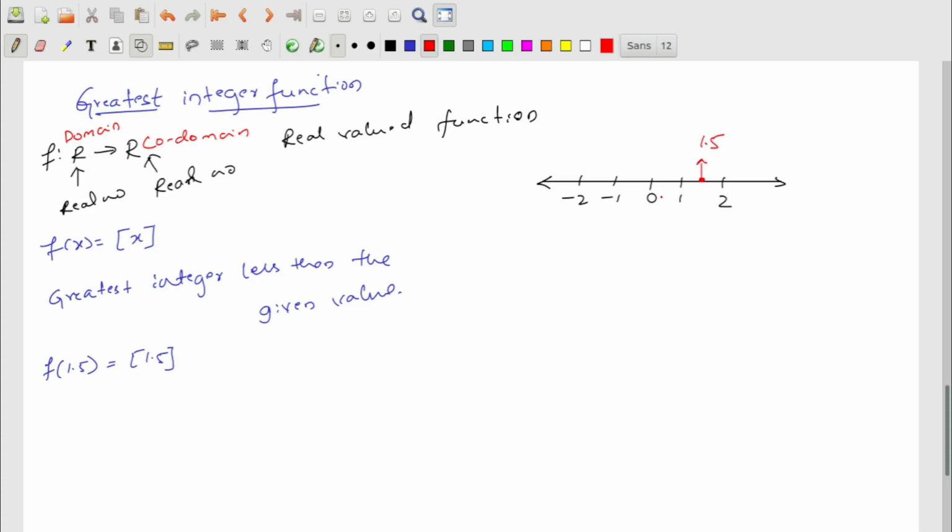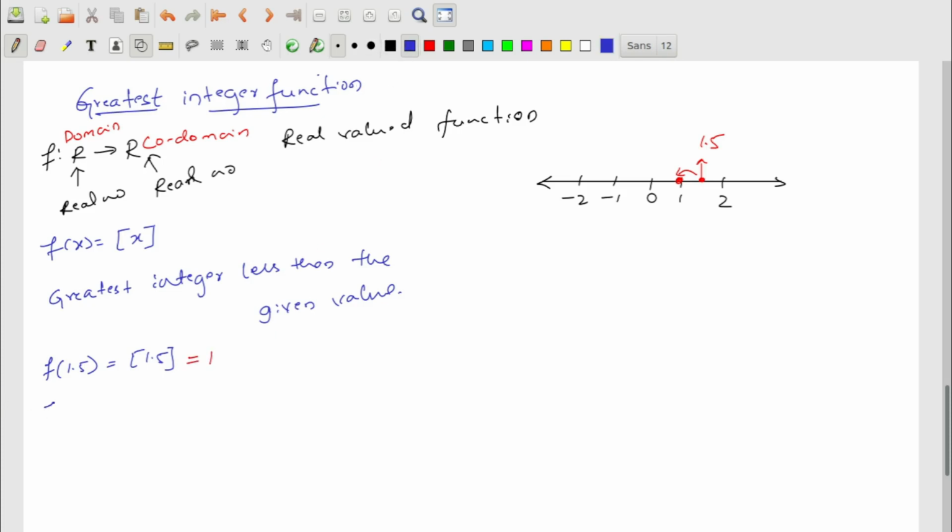As per the definition, the greatest integer less than the given value, so what is the greatest integer less than 1.5? It is 1. So here the value of the function is 1.